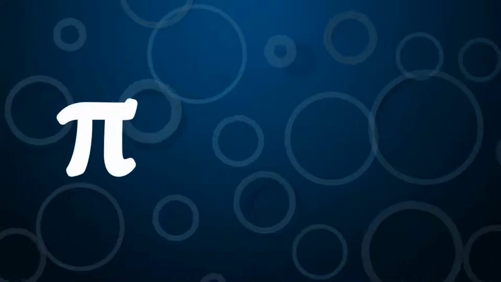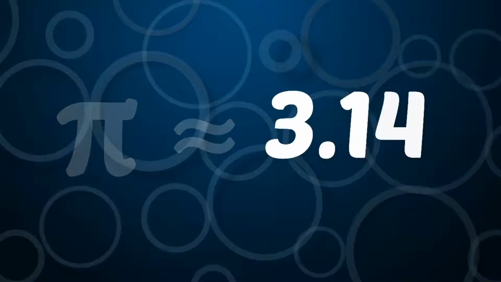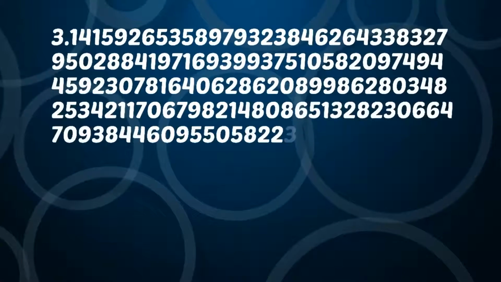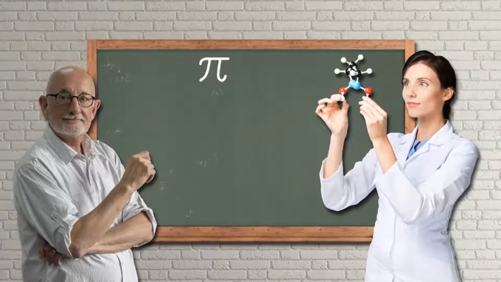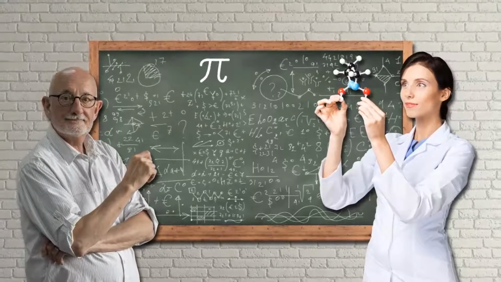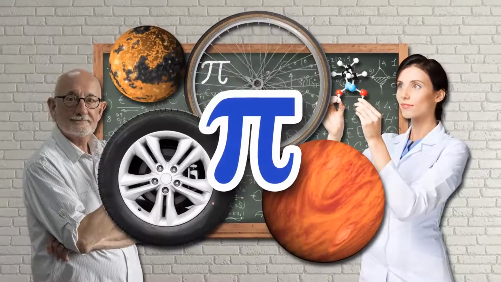We use the approximate value of pi because that's a lot easier than using its true value, 3.14159265358979, which actually goes on forever. That's what makes it such an amazing ratio. Scientists and mathematicians use pi all the time in geometry to find the size of circular objects like wheels and planets. It all comes back to pi.